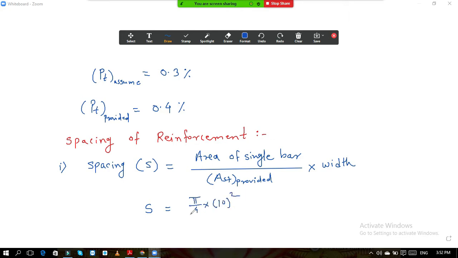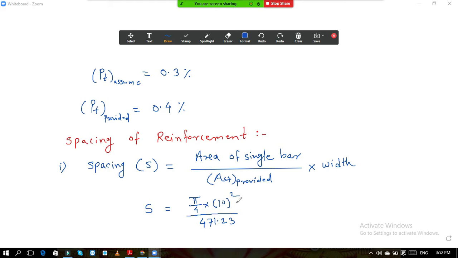This is the area of single bar divided by AST provided. What area of steel have we provided? We have calculated 6 number of bars, I think. Am I right? We have provided the area 471 near about. If any value is wrong, you can tell me immediately.